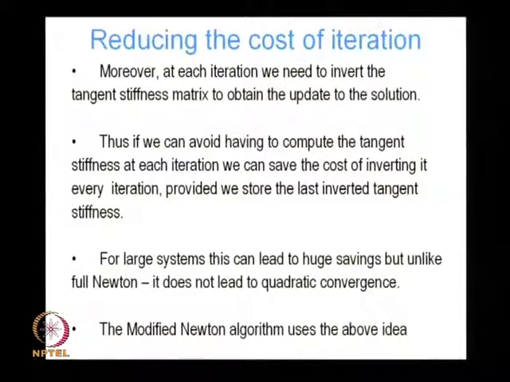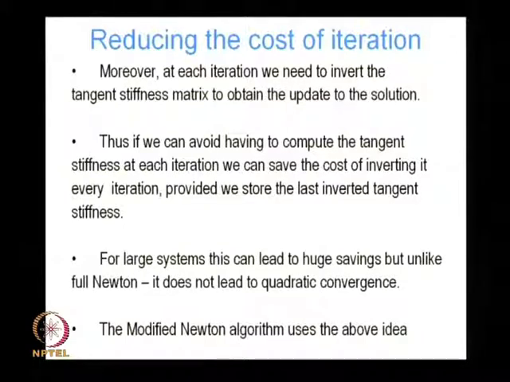Moreover, at each iteration we need to invert the tangent stiffness matrix to obtain the update to the solution. Thus, if we can avoid having to compute the tangent stiffness at each iteration, we can save the cost of inverting it every iteration, provided we store the last inverted tangent stiffness. So, if I say that at a certain iteration I am not going to do my Newton iteration using my exact tangent stiffness, I am going to use a stored tangent stiffness.